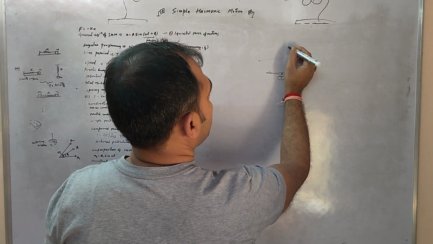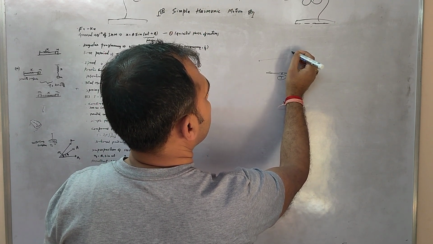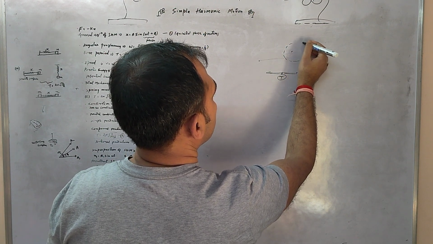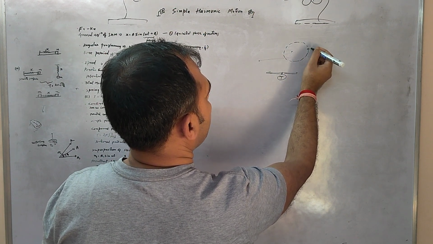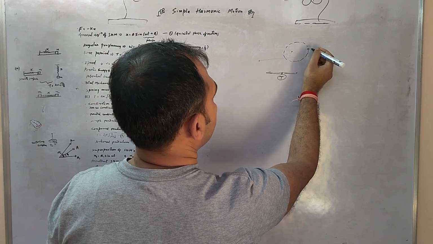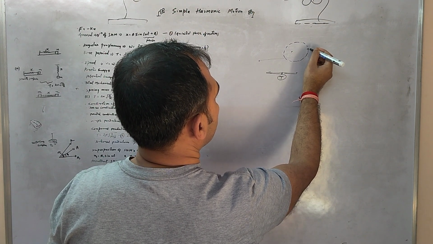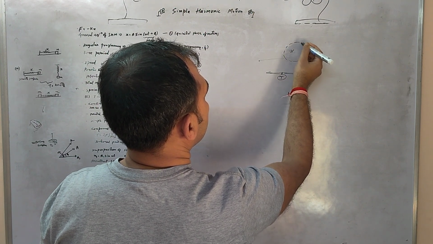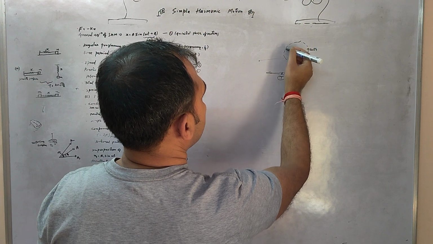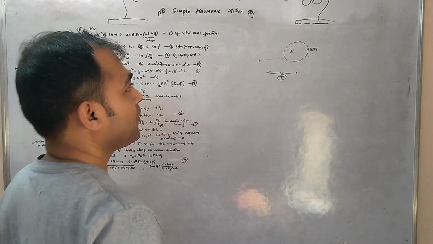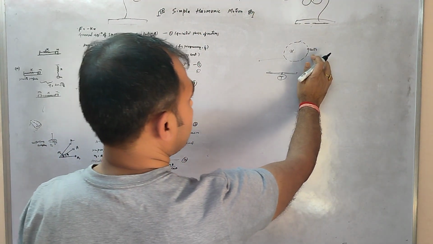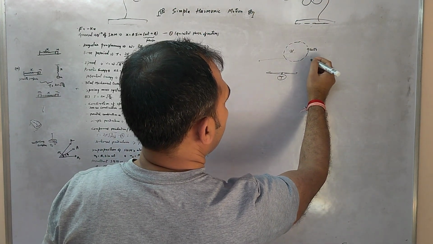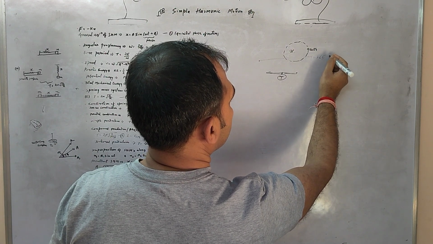But you remember that Earth also revolves around the sun in 365 years. Sorry, 365 days. This is Earth. This is sun. Earth moves in this path. But this is a periodic motion with time period 365 days.